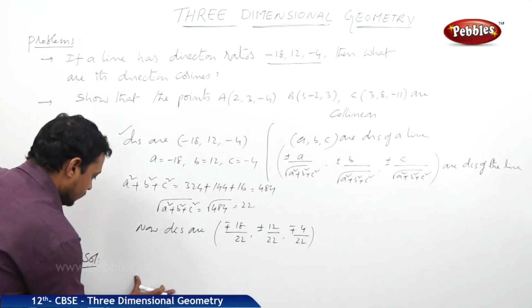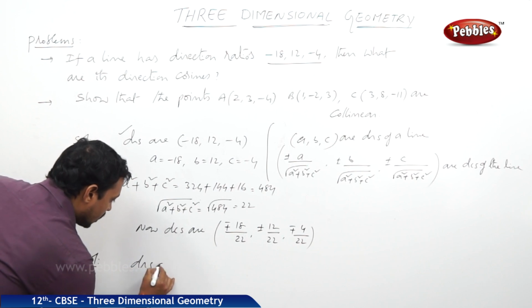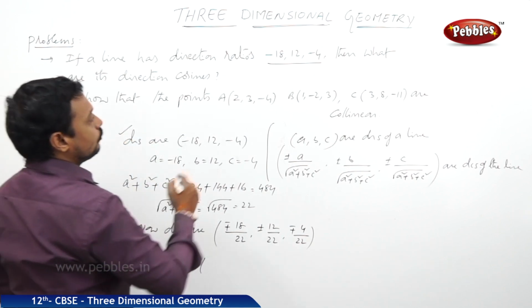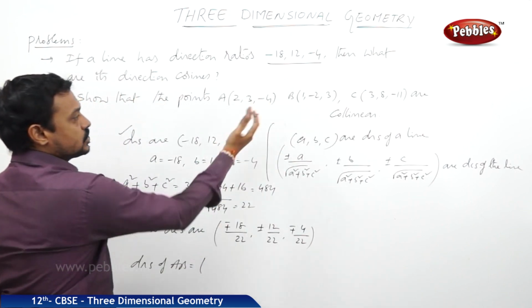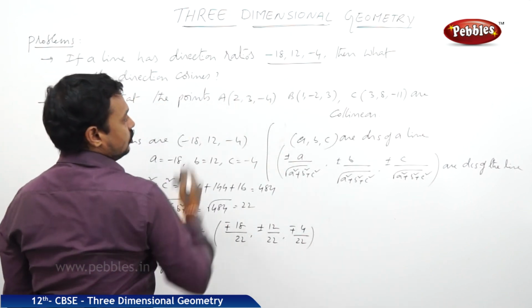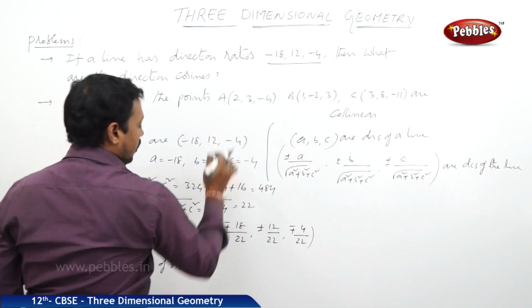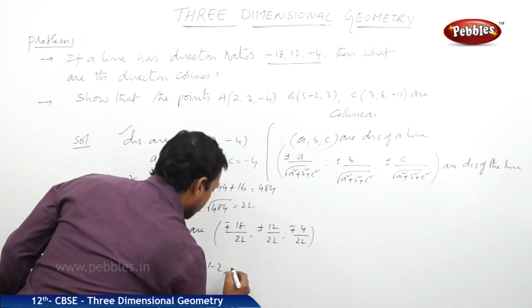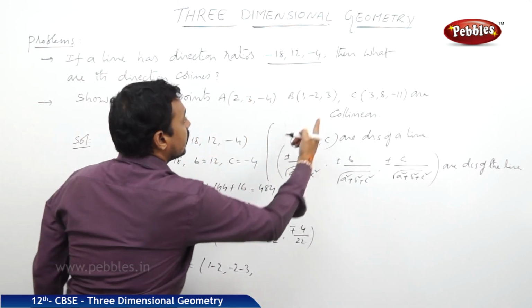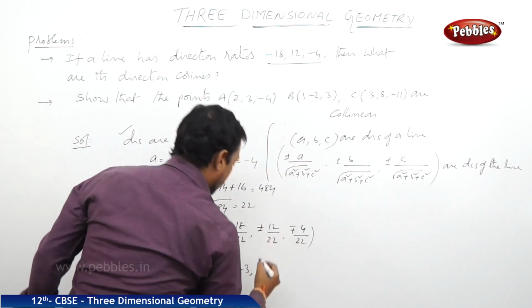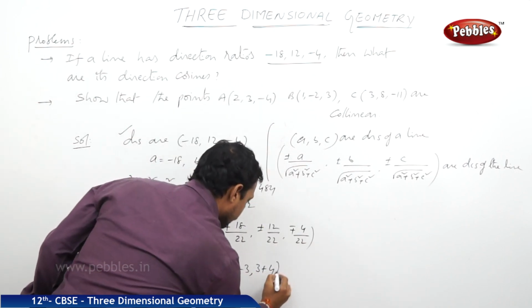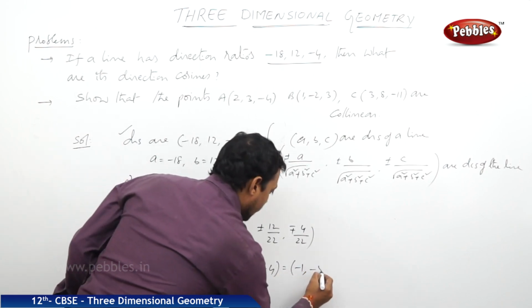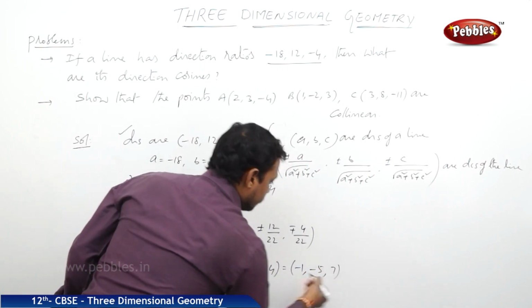Now let us find the DRs of AB. What is the formula to find the direction ratios between 2 points? x2 minus x1, y2 minus y1, z2 minus z1. Using that formula, 1 minus 2, comma, minus 2 minus 3, comma, 3 plus 4. This is minus 1, comma, minus 5, comma, plus 7.